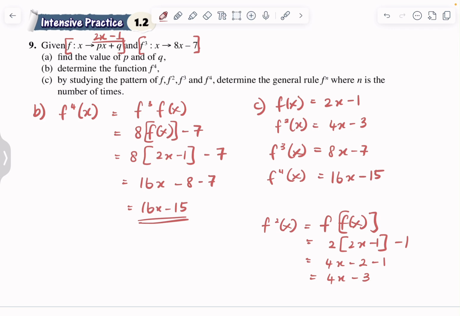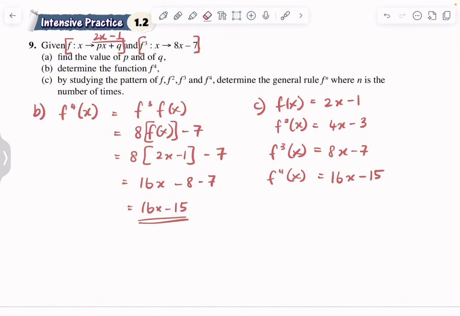So this is the pattern. Right. Now we have to study the pattern and determine the general rule of f^n. Okay. So we can see 2, 4, 8, 16. So when f power 1, we get 2. f power 2, we're getting 4. f power 3 we are getting 8, and f power 4 we are getting 16.